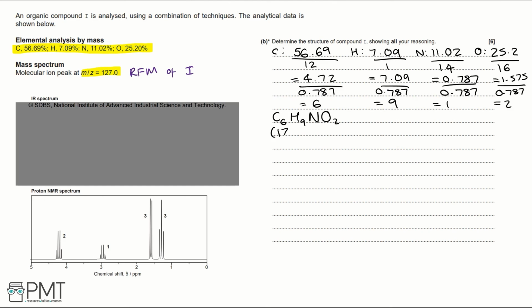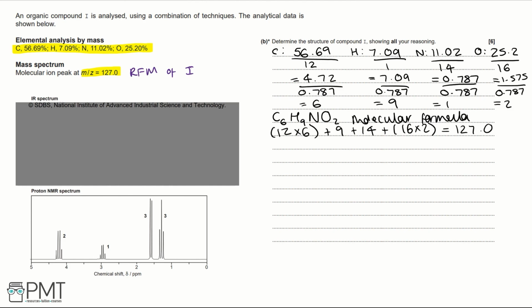So we do 12 times 6 plus 9 plus 14 plus 16 times 2, which equals 127.0. So we keep it the same. This is going to be our molecular formula and our empirical formula.